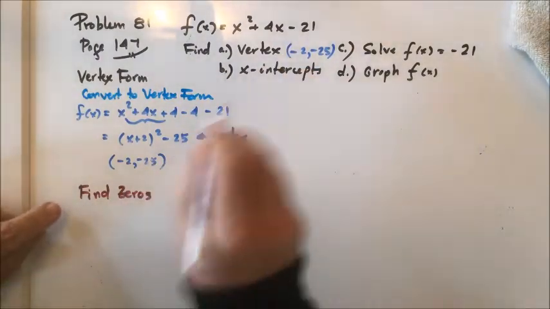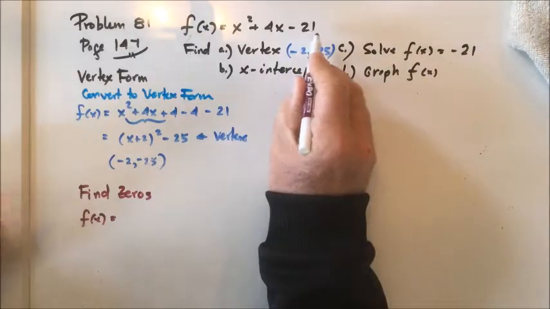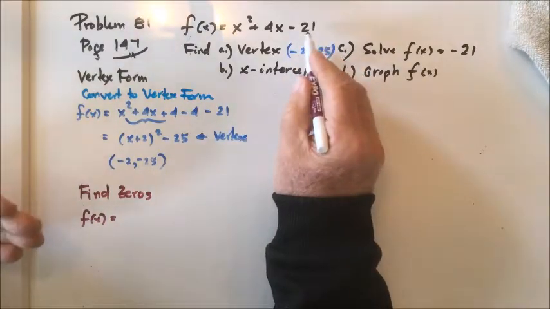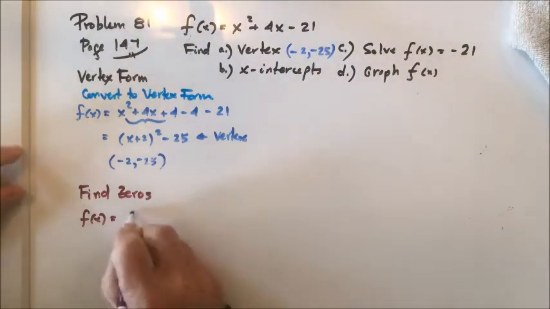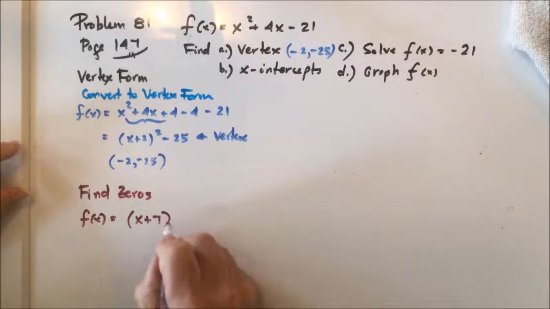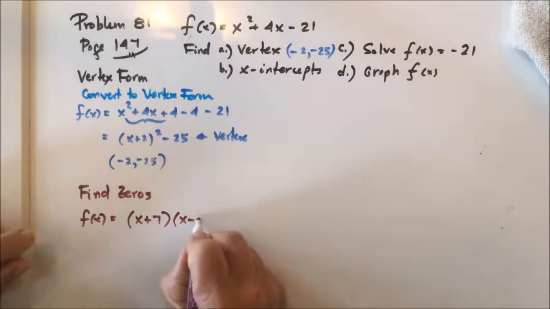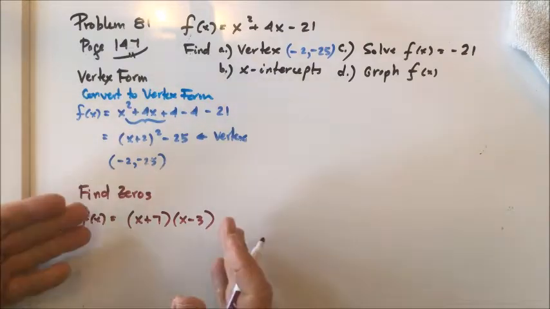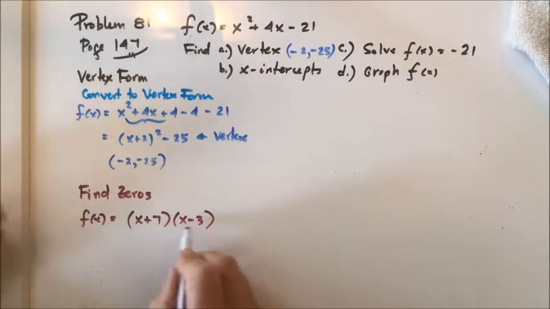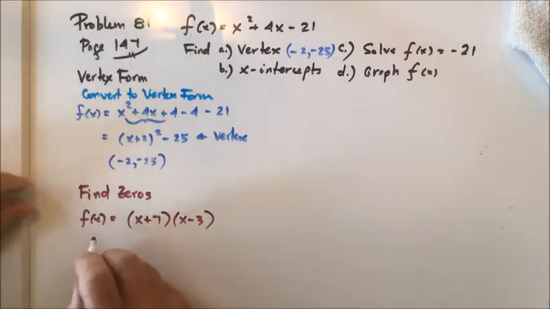I can see pretty quickly, though, that in this case, we can factor this. I've got a 21 over here. A 3 and a 7 will do the trick there. If the term associated with the 7 is a plus and the term associated with the 3 is a minus, then when we multiply this together, we're going to get 7x minus 3x, or plus 4x, just exactly what we want.